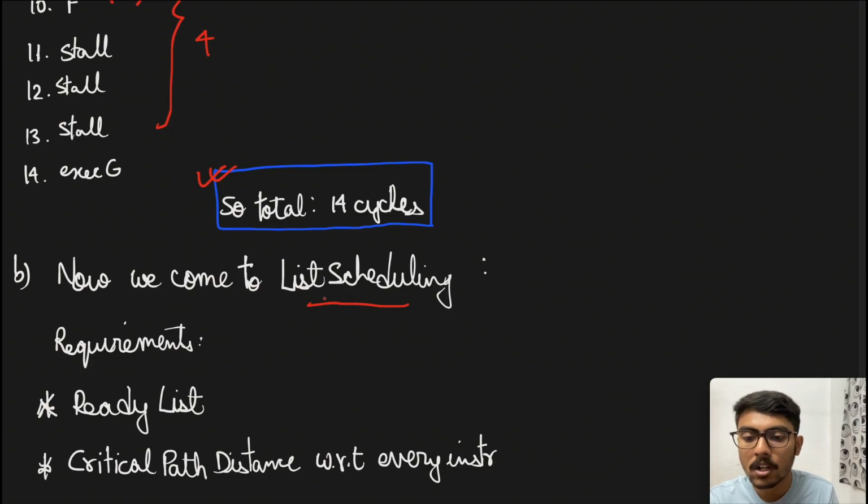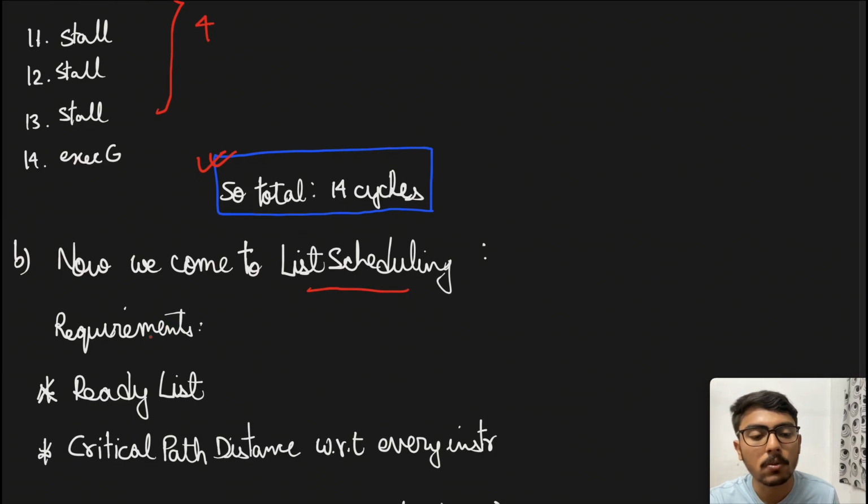We need to have some predefined lists based on some data that I will discuss, and based upon those lists we will decide which instruction to be scheduled first or prior to others, and which instructions can be scheduled on a later part.